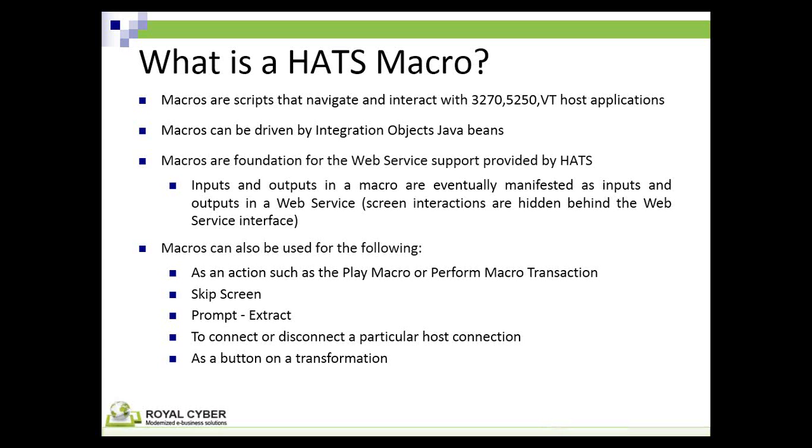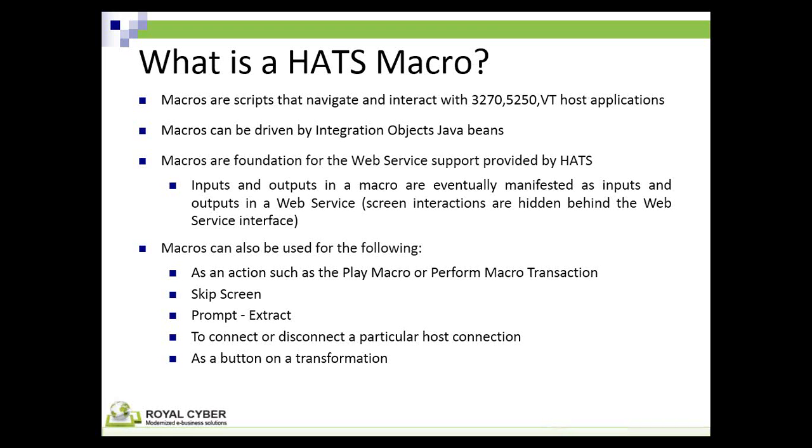Prompt is an action inside a macro that is defined when the macro requires an input from the user, and extract is an action inside a macro. For example, if you want to extract some data or information from the backend application or host screen, then extract is the action used to perform this functionality.